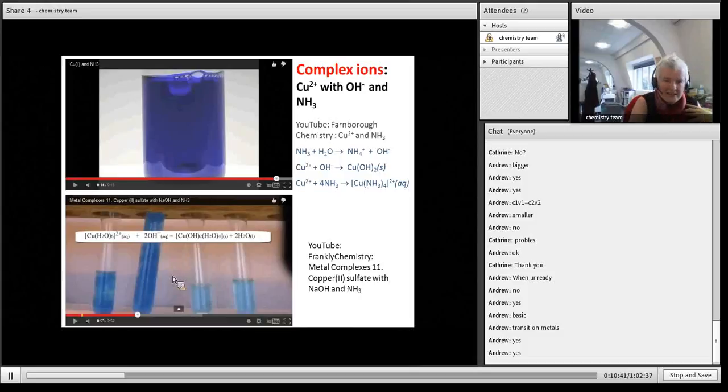It actually hasn't. That's why I've put this YouTube Frankly Chemistry, so you can look it up yourself and look more carefully. I know it's not very clear here, but this is sort of transparent with the ammonia. Here, I don't know if you can see those sort of lumps. There's still lots of undissolved copper hydroxide, which shows that it's not the hydroxide that forms a complex ion.